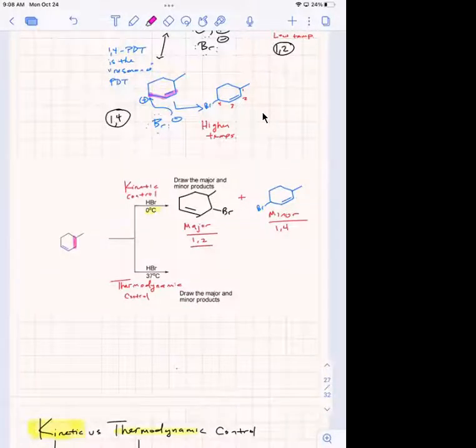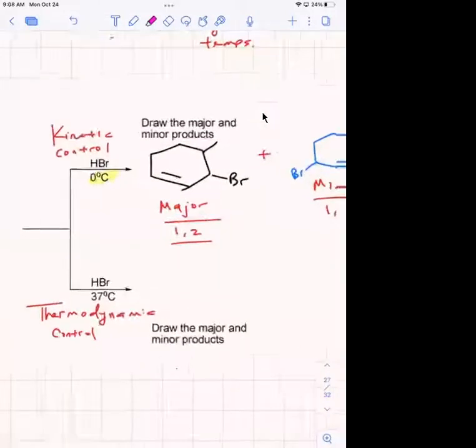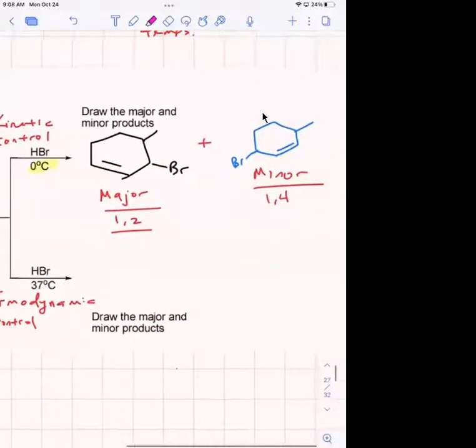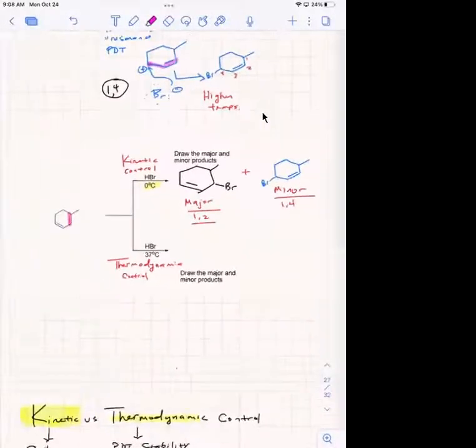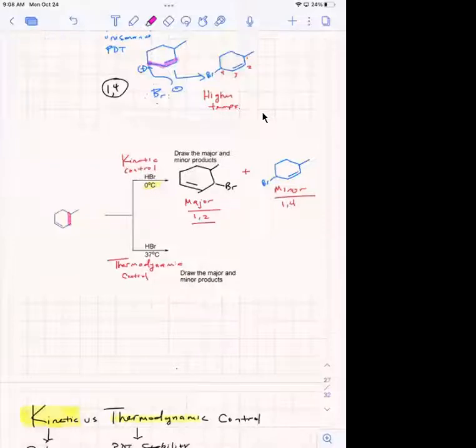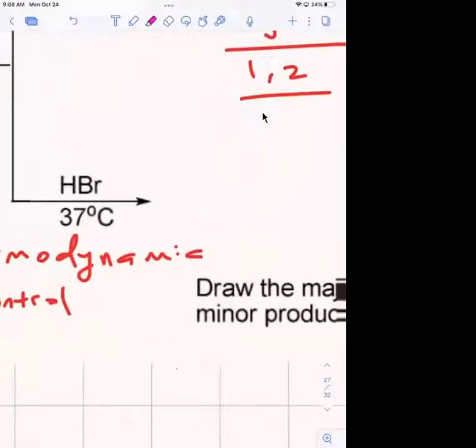Under kinetic control, the 1,2 product will be major because it's faster. Under thermodynamic control, the minor product would be the 1,4 product. If we heat it up to 37 and look at the same alkene, it's going to flip-flop. The minor is going to become the major, and vice versa, because at 37, the 1,4 product will predominate, and the 1,2 product becomes minor.